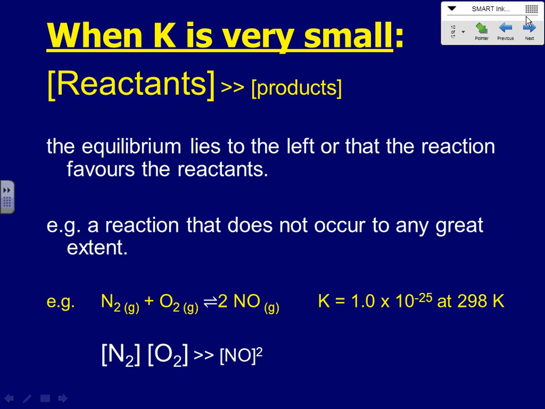And my next slide, what if K is very small? And we're just going to flip everything around because that's exactly the case. If the K is a very tiny number, reactants are much greater than the products. Again, I encourage you to think about the products over reactants relationship. If K is small, the concentration of the products is small.